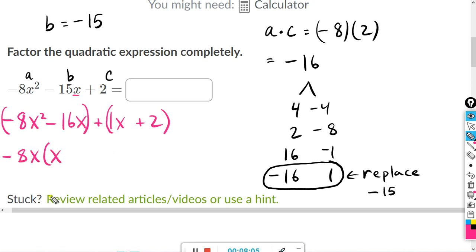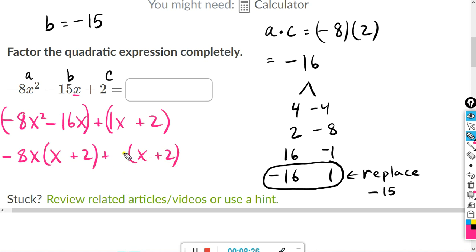Negative 16x divided by negative 8x is just positive 2. And right here, this is the same as x plus 2, which already matches, so we don't need to do anything. Okay, there's nothing to factor out of that anyway.